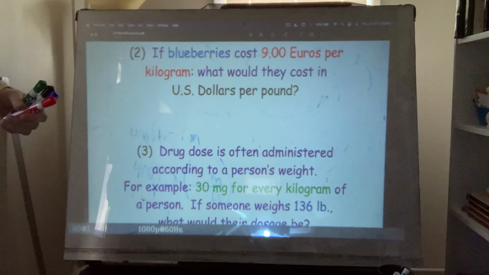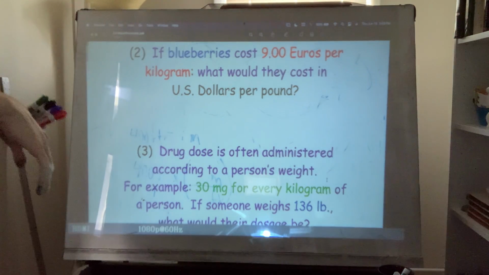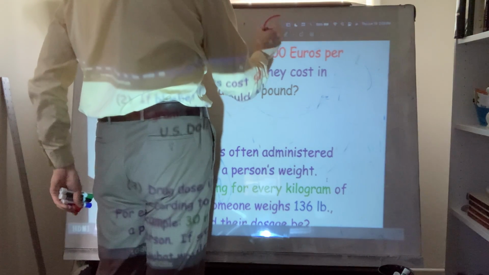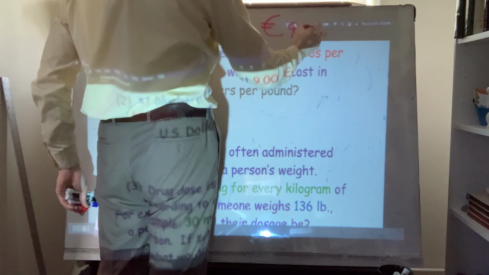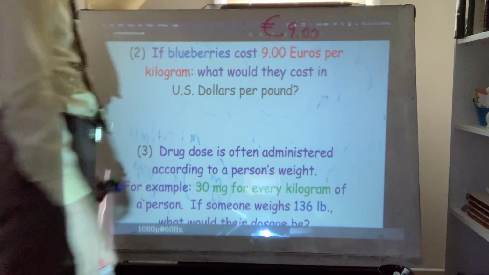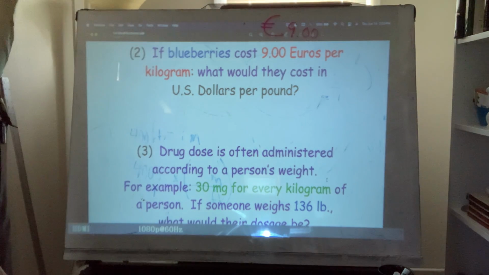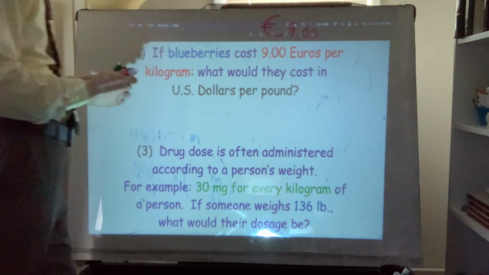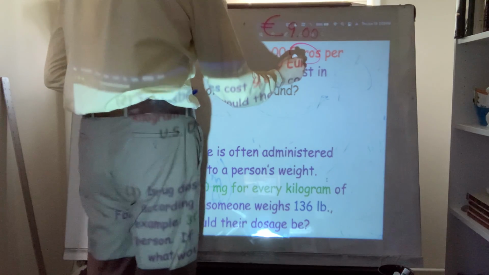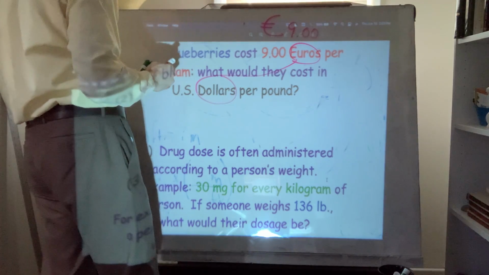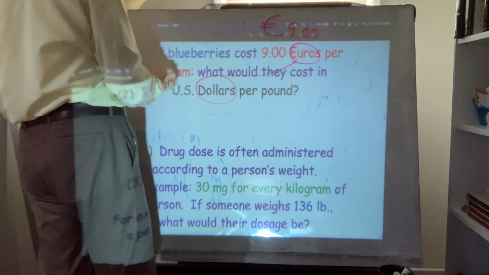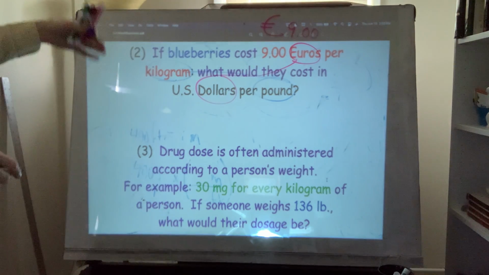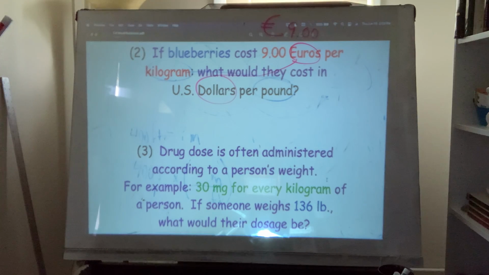If blueberries cost €9, which would look like this, in place of what we would have as a dollar sign per kilogram, what would they cost in US dollars per pound? Right? We have to convert euros to dollars, and then also we have to convert kilograms to pounds. So it's one of those multi-step dimensional analysis problems.